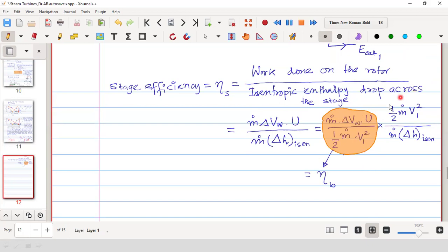And what is this basically? This is defined as the nozzle efficiency, because what is the meaning of that?